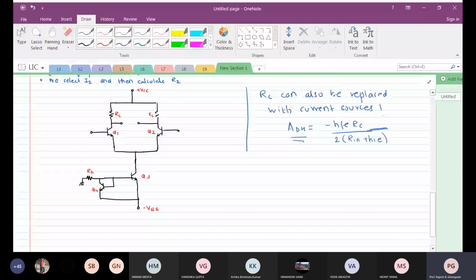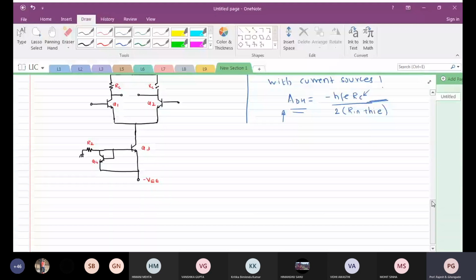So if I want a maximum differential mode gain, I have to have a very large value of RC. And if a large value of RC is used, again the same problem that we faced with the emitter resistor will be there. So people thought, yes, we can replace this RC also with current sources. But we'll not go into those details. We'll just satisfy ourselves with this particular design.